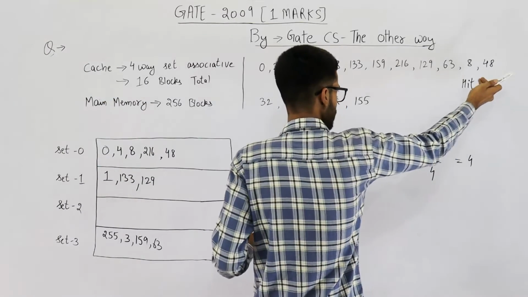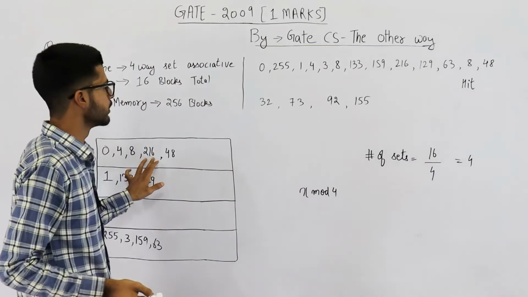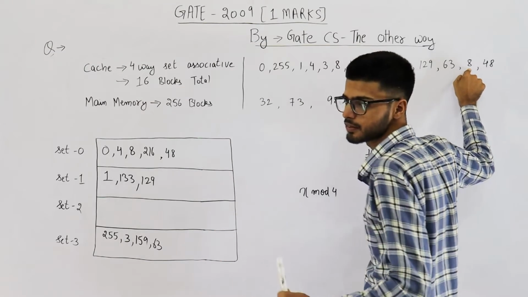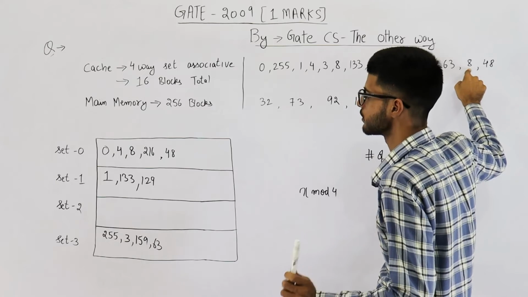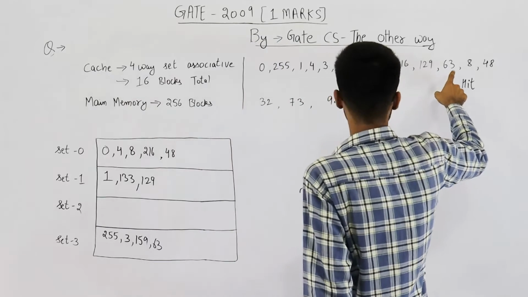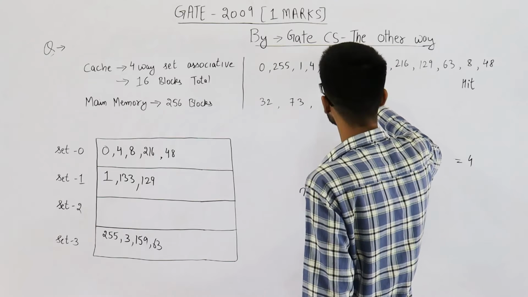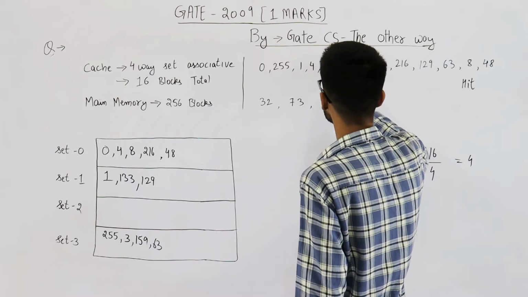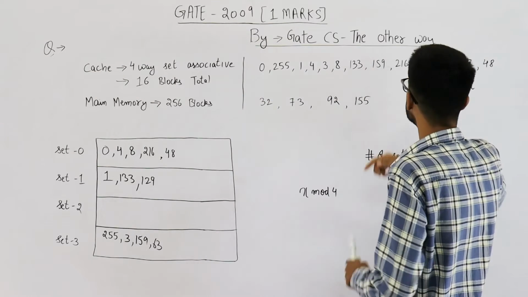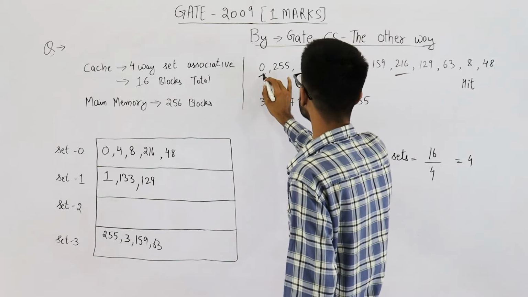From here, you look back in time and see which one is the least recently used. So you have 8. 8 is the most recently used, but we want the least recently used, so out of these 4, you are not going to replace it. Then you have 216, this one, and this one.